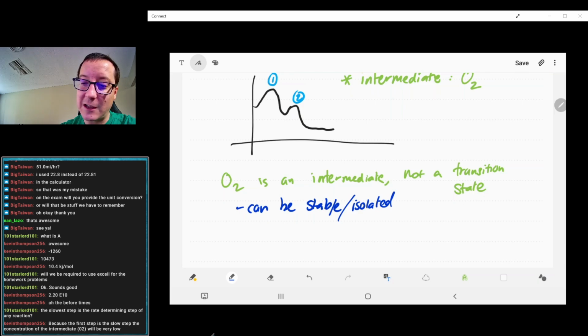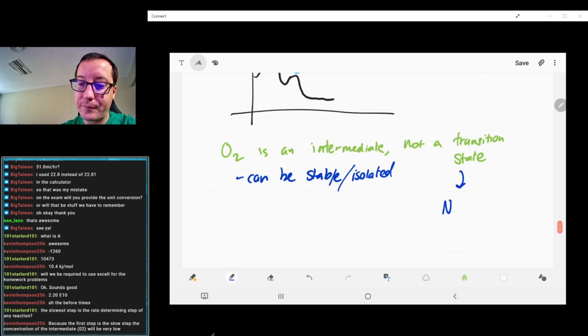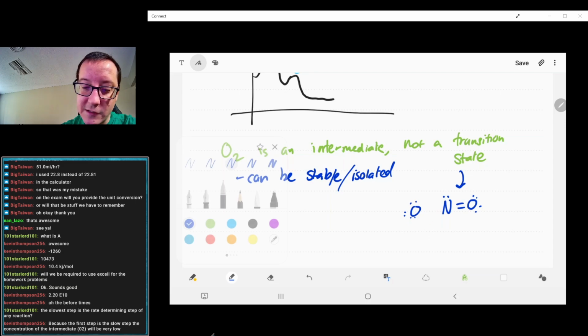A transition state would be something like where we have, maybe, where this particular bond is elongating or something. A transition state would be where we're kind of breaking the bond.